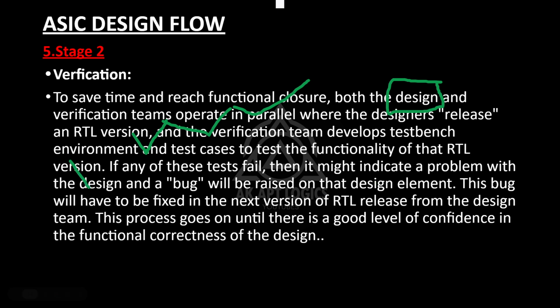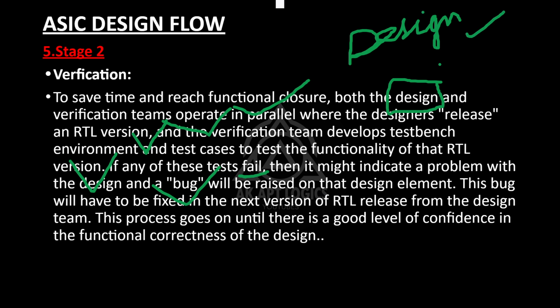This is what I have discussed, right? If any of the tests fail, then it might indicate a problem with the design, a bug, so a ticket will be raised on that design element. Usually, design engineers write the code for the design and give it to the verification engineers.